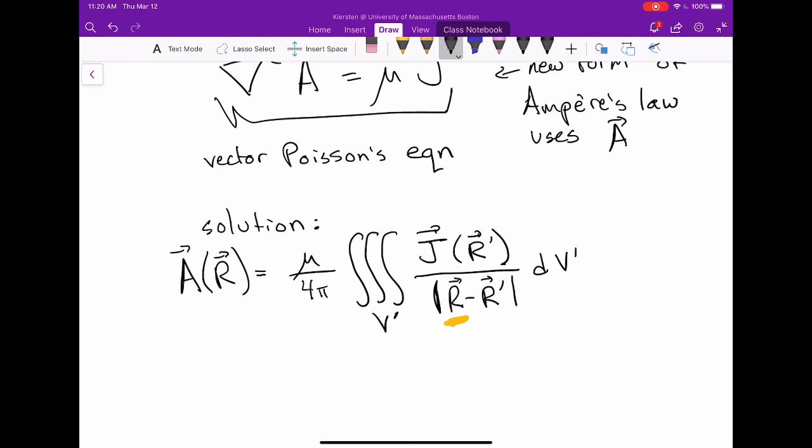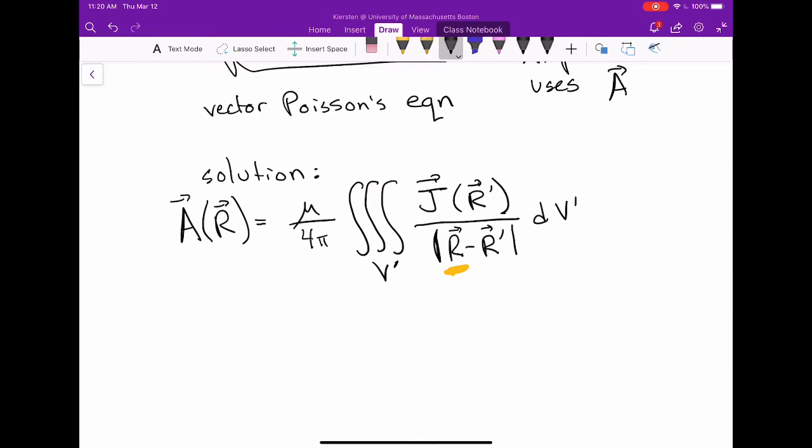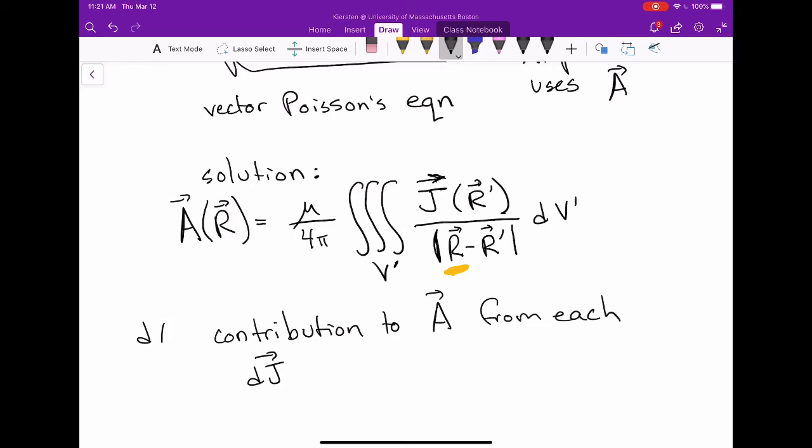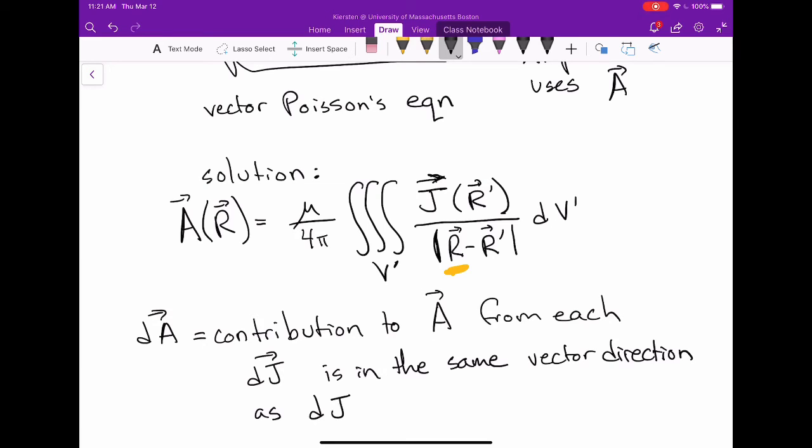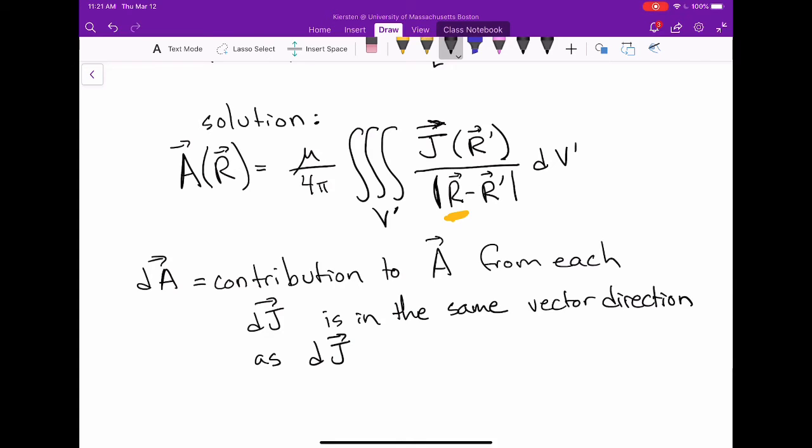Key things to note here are that, unlike other things involving the magnetic field, the contribution to the magnetic vector potential from each differential current element, we can call that dA, the differential contribution, is in the same vector direction as that differential current element dJ, which is really nice because the rest of the time when you're working with the magnetic field, you have to do a lot of cross products, and this eliminates all the cross products.